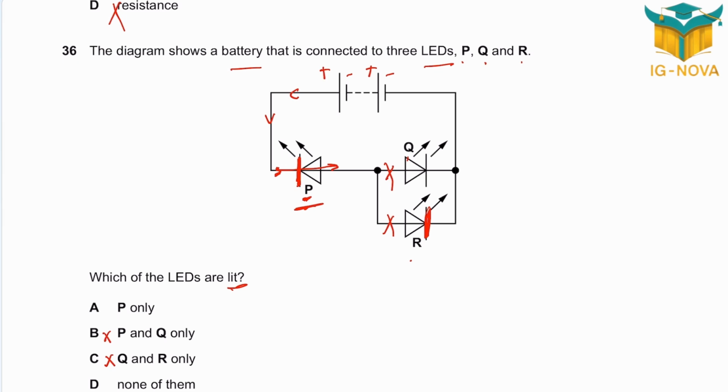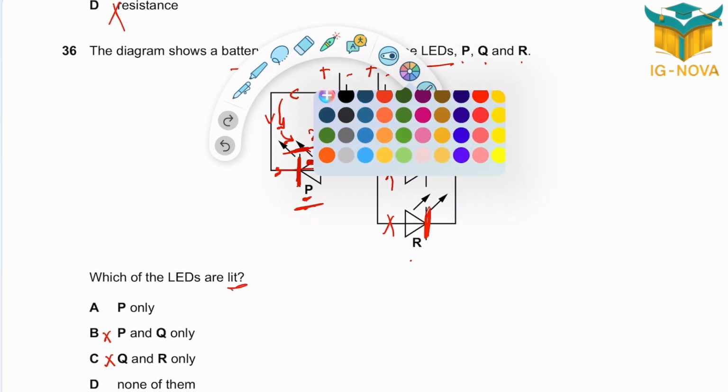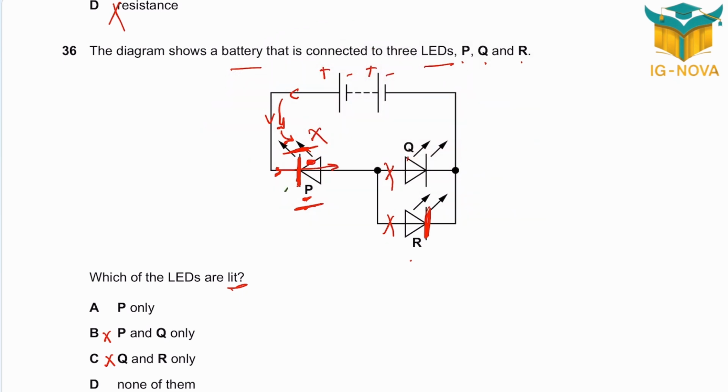For P, the gate must be open. And this arrow describes it's like a resistance. If the resistance is in the same direction that faces the current flow, they will not pass. The right direction must be this one.